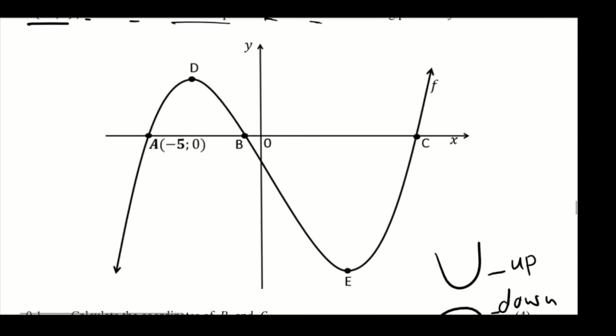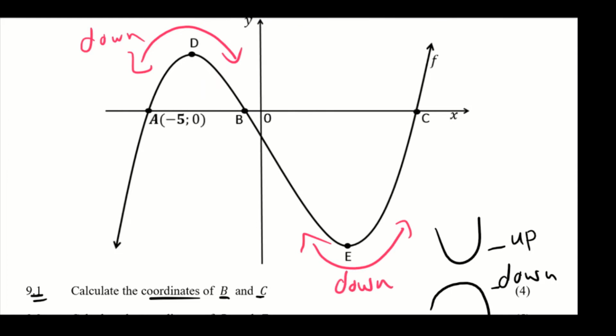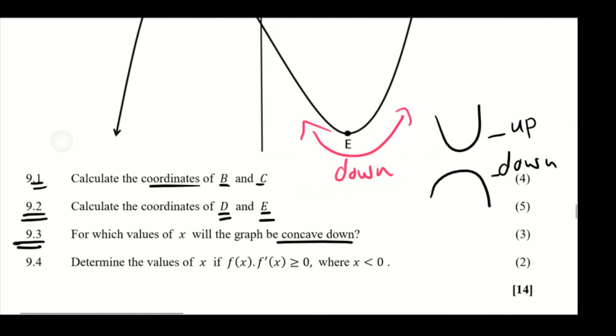But we can tell from this graph which one is concave down and which one is concave up. So this is concave down, and this is concave up. We want to note the value of x when the function is concave down.